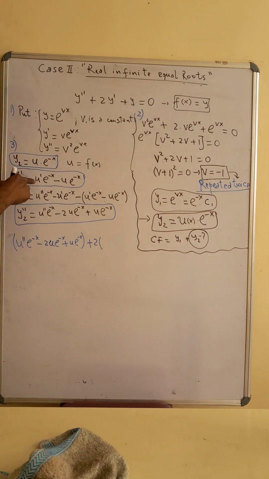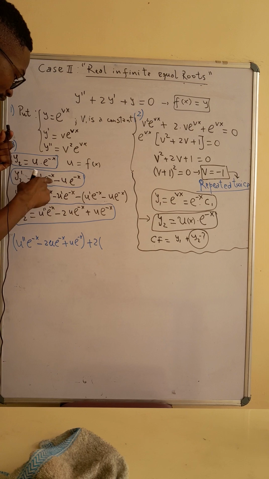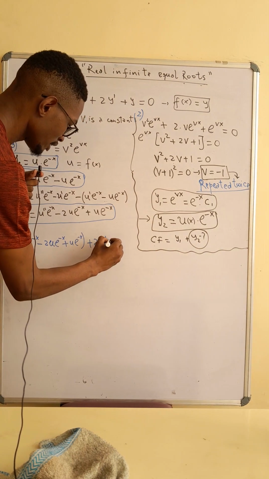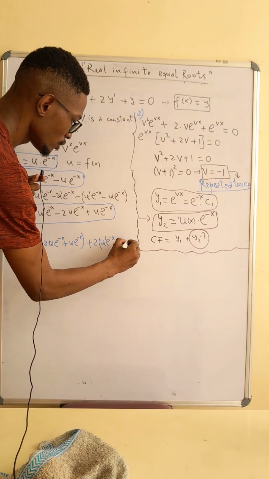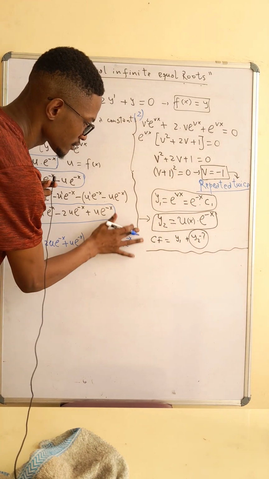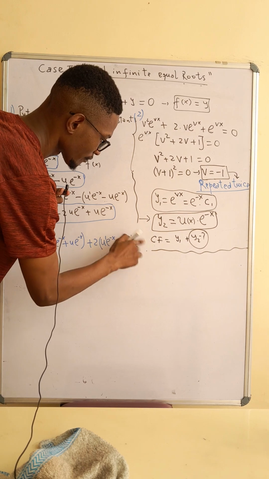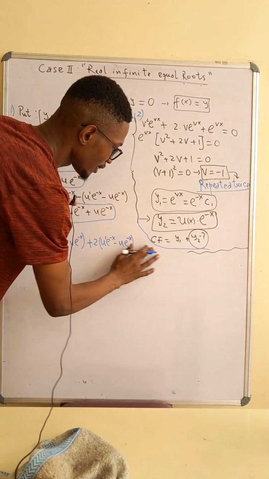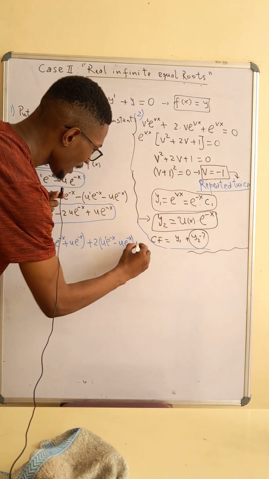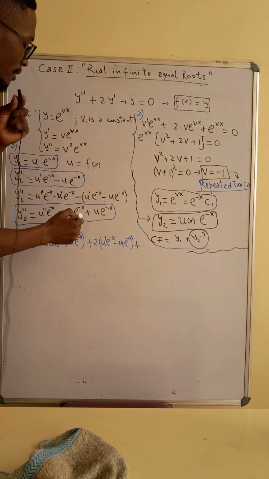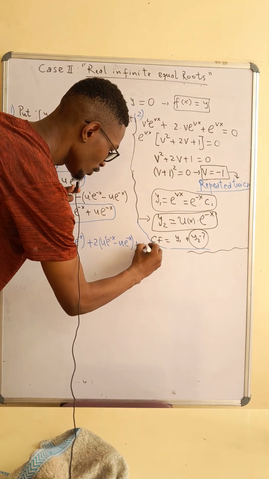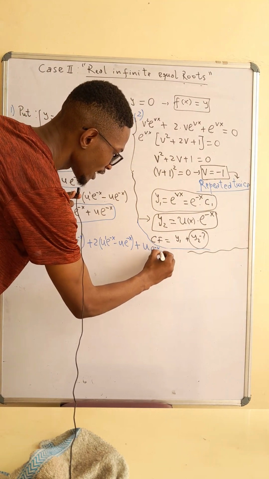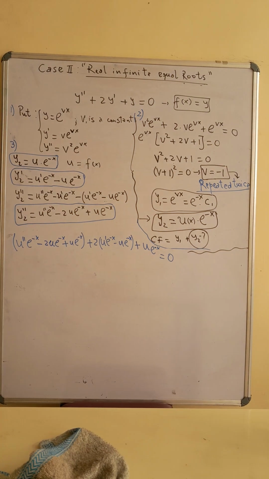We know that y2 dash is this one, u dash Euler minus x, then minus u Euler minus x. Then plus y. We know y2, just substitute it in there. What is y2? u Euler minus x. And it's equal to 0.